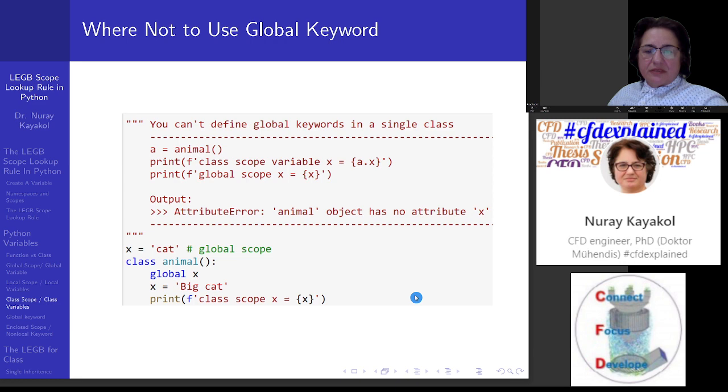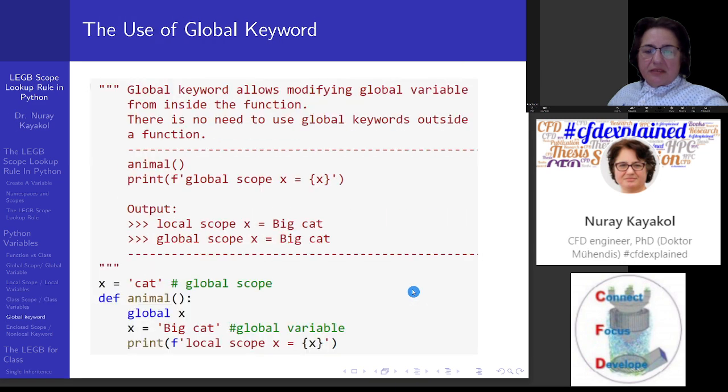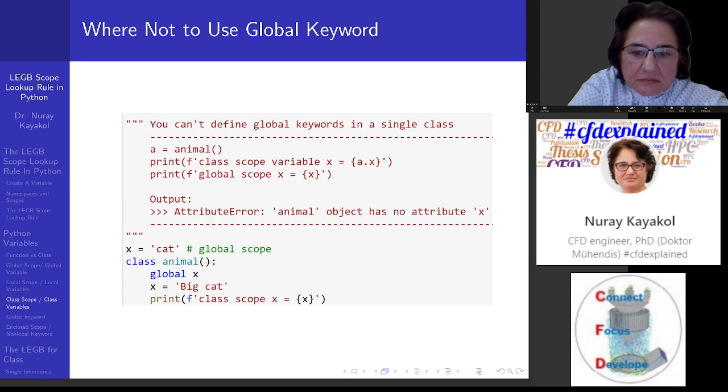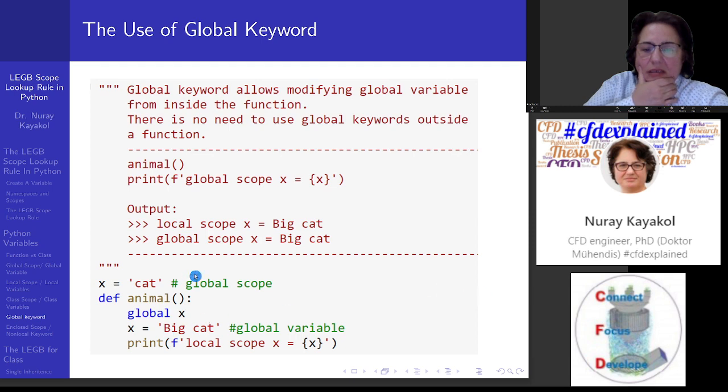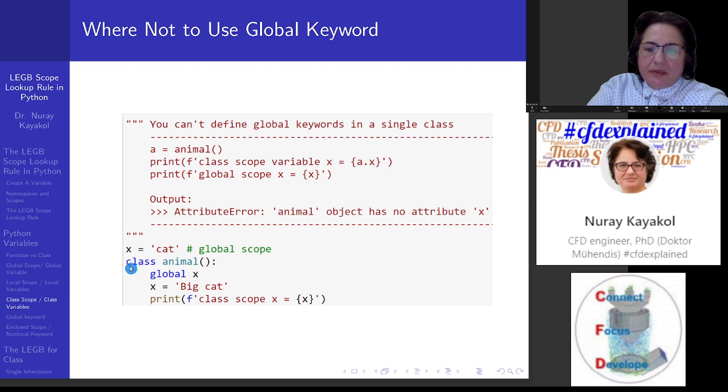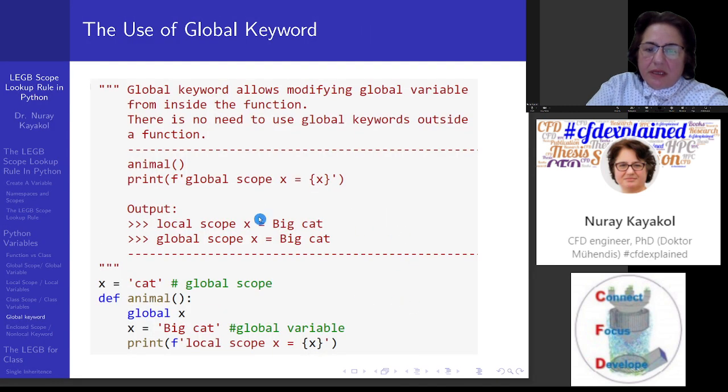What is the difference between this one and this one? It is the same piece of code. If you type def instead of class, you won't get any error messages. But if you type class and inside of class you define a global x, it gives you an attribute error. But for function, it doesn't give any error.